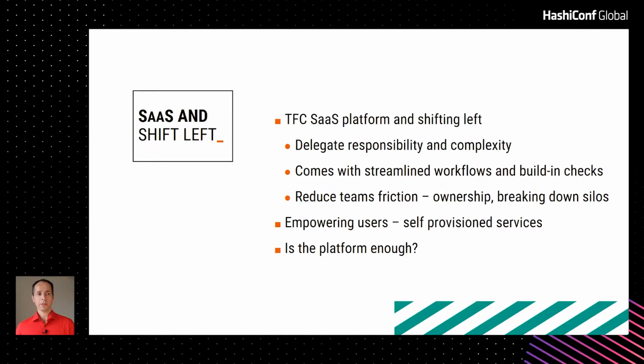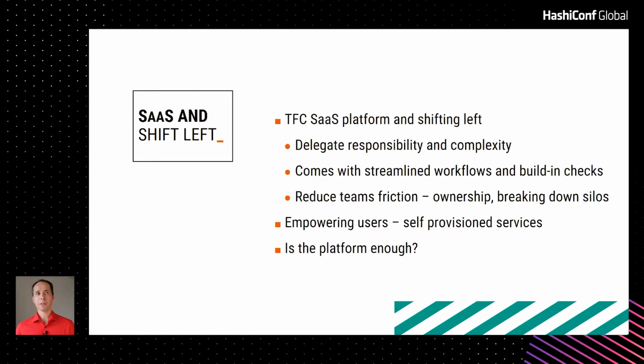So let's first have a look at what SaaS platforms, specific platforms such as Terraform Cloud, can help us with, and how they can help us mostly by shifting left and moving the responsibility more towards the end users, in our case engineers that are provisioning infrastructure as code. So mostly we would use those platforms to delegate the responsibility and complexity away from the users.